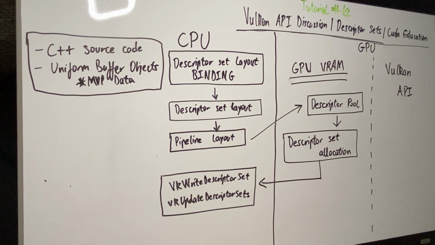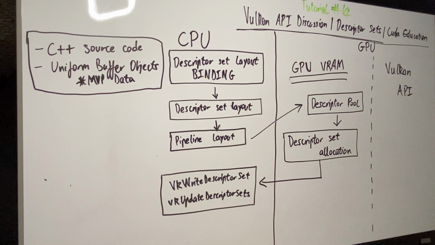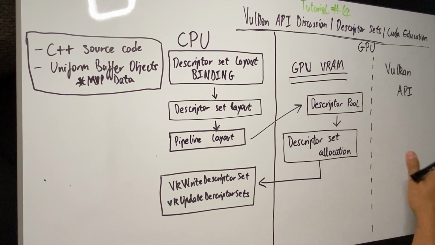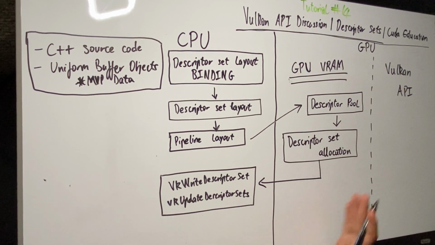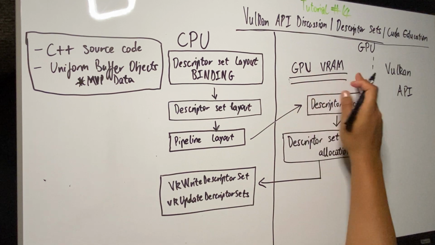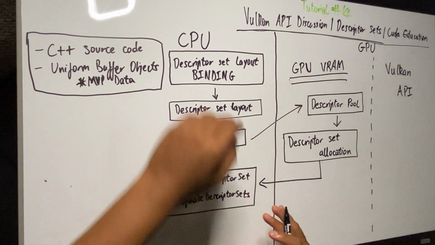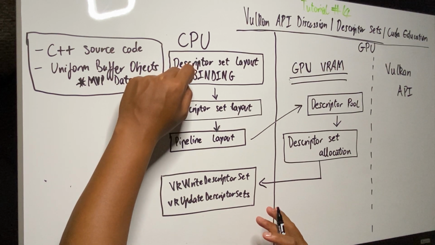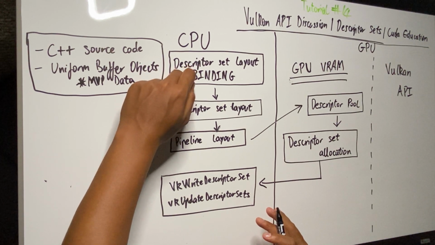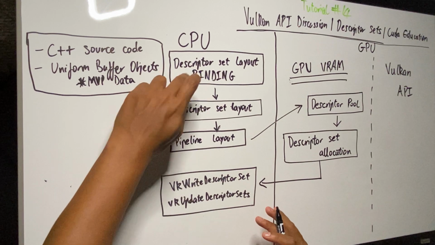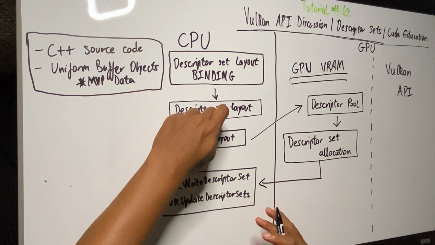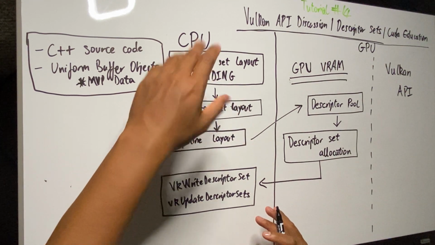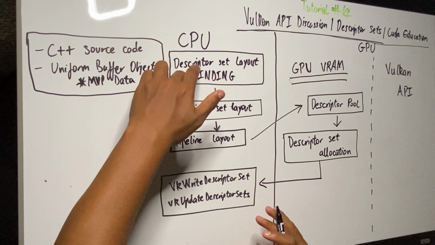So let us review. We have our CPU, we have our GPU. Way on the right-hand side, we have our Vulkan API, which nothing is happening at the moment. On this side, we have our GPU VRAM. When we start out, we have our descriptor set layout binding, which is the closest thing to the data on our SSD or memory hardware device. The descriptor set layout binding is declaring each of the memory objects that we're trying to access.